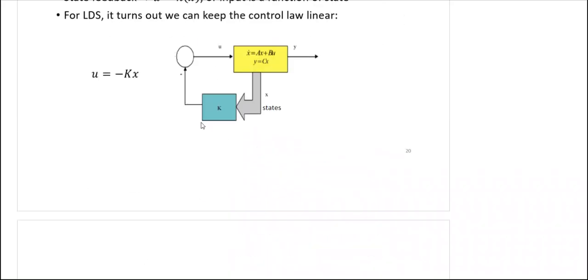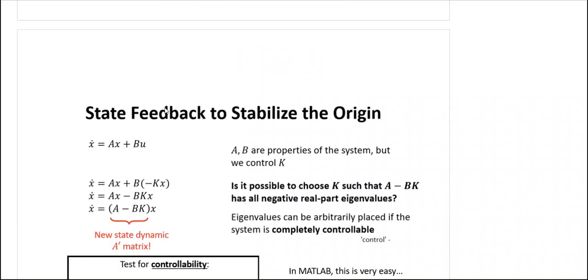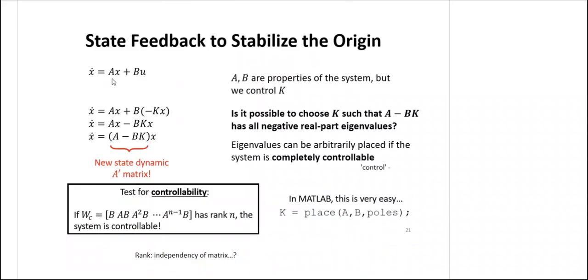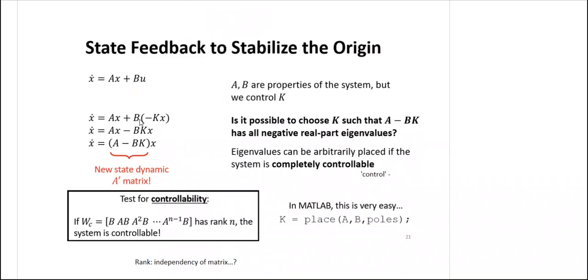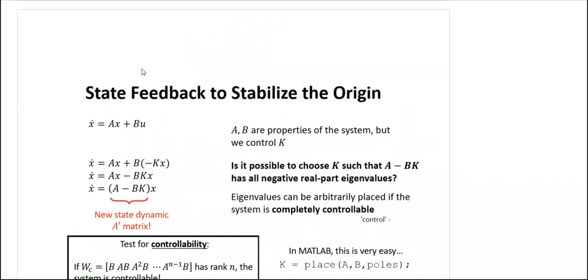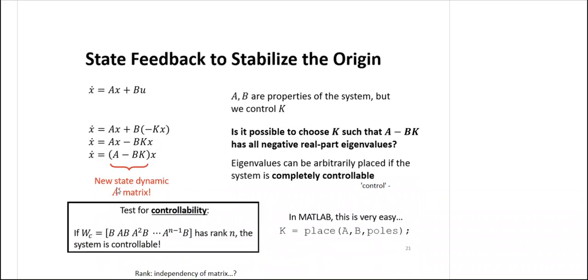K is the factor that makes it into a useful input or feedback. So x dot equals Ax plus Bu. A and B are properties of the system, but we can control k, and you can rearrange this since u is negative kx from over here. So Ax minus Bkx, and then we can make it A minus Bk times x, and we can convert this into an A prime.